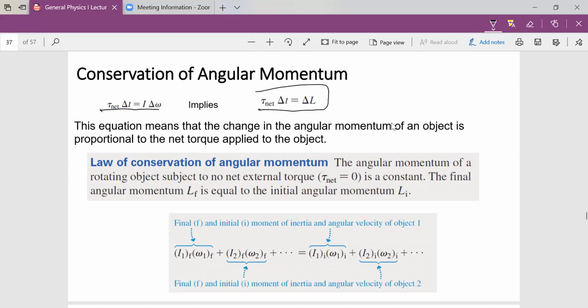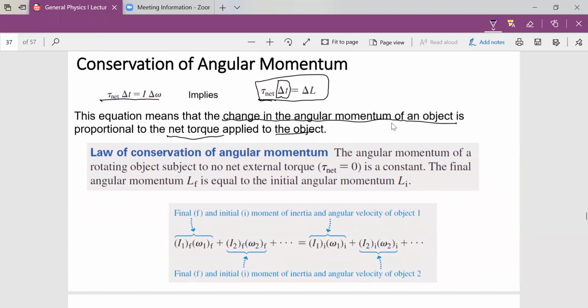we have said it, change in L is tau times change in t. That means the change in angular momentum for an object is proportional to the net torque, where the constant of proportionality is the change in t. So the net torque is directly proportional to the change in angular momentum, with t acting as a constant of proportionality.